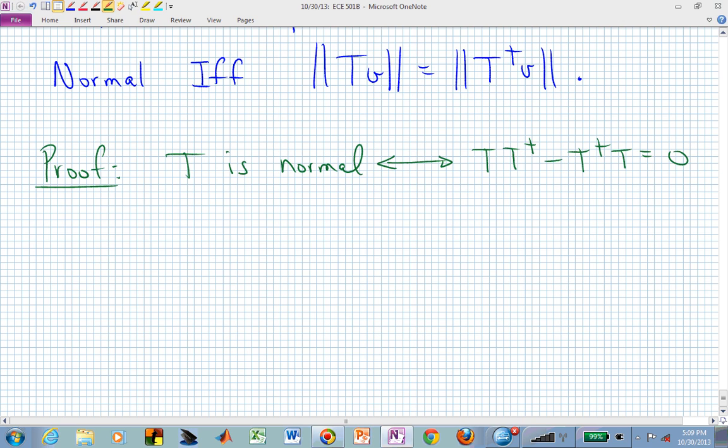For all vectors V in our vector space, we can have the inner product of 0 with V. But we'll write 0 in this nice way. 0 is 3 minus 3, right? Well, now it's T dagger T minus T T dagger. That's also 0. So let's now take the inner product of 0 with V for all V in capital V.